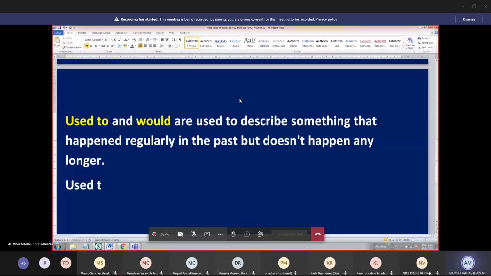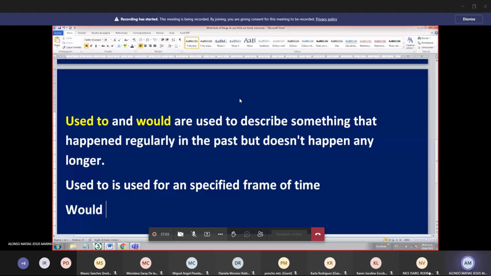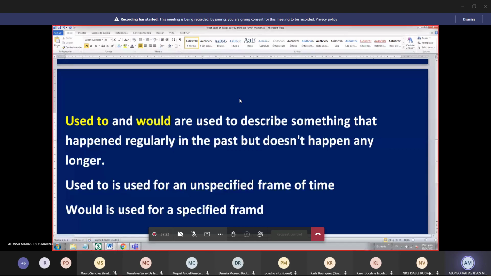Used to is used for an unspecified frame of time, and would is used for a specified frame of time, okay?